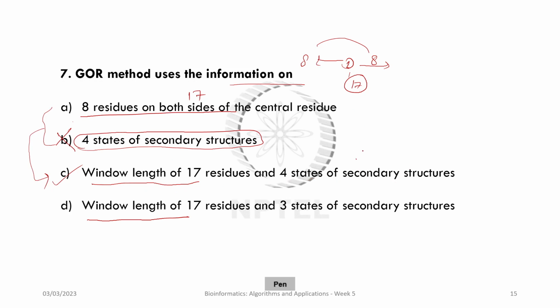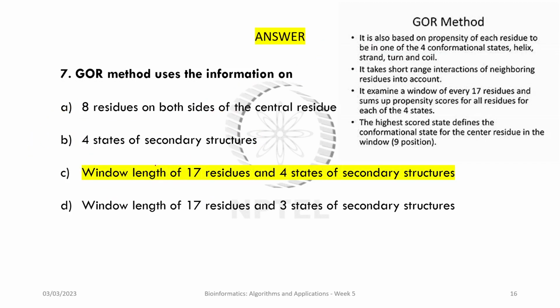And what are those? Whether it's a helix or a strand or a turn or a coil. When you look at the options, A will suddenly jump at you and say yes, this is the GOR method, but true, just partial. There are options which are more specific with the four states of secondary structure, so the answer is C. I just pasted a short slide, but I think it's covered in the lecture as well, so don't worry about this.